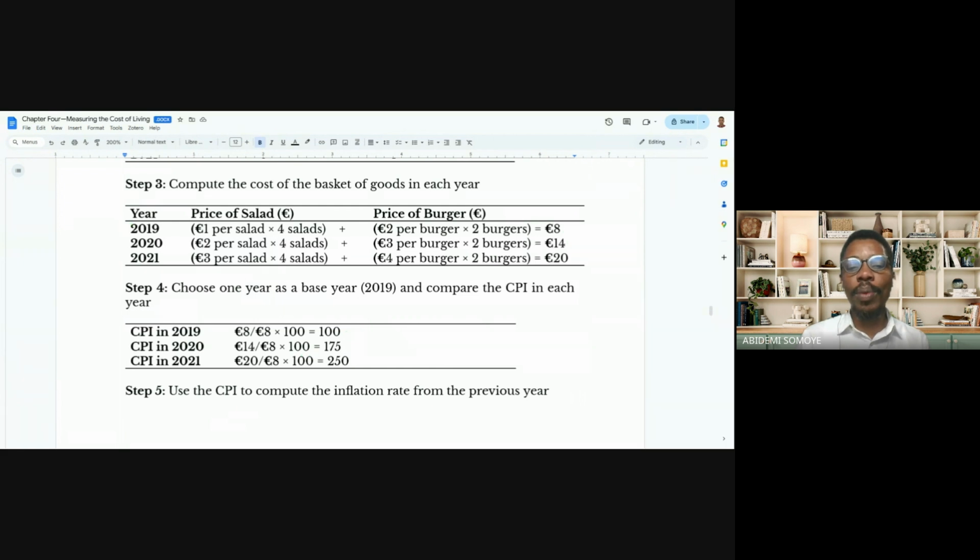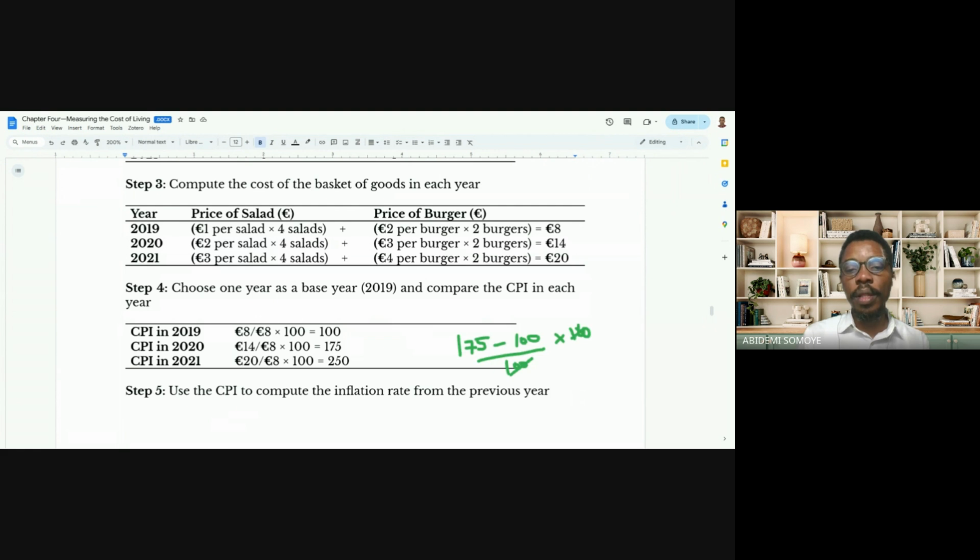Now, through the CPI, we can calculate the inflation rate. So how do we calculate the percentage increase in price from 2019 to 2020? That will be 175 minus 100, divided by 100, multiplied by 100, so we're going to have 75%.